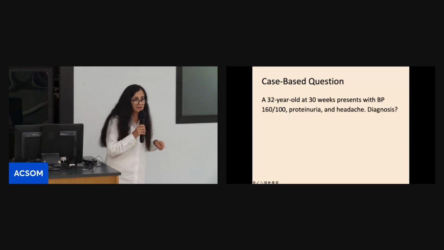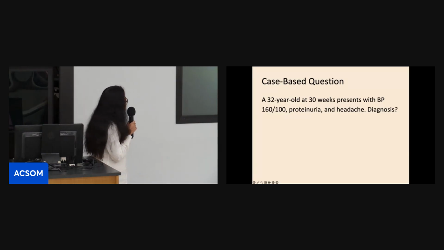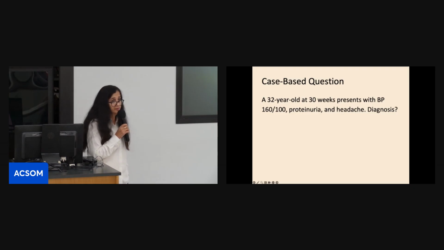I would give her magnesium sulfate. And what else? Monitor blood pressure regularly to see how it's developing, and try to control it. We could use labetalol or hydralazine, or methyldopa, whatever works or is in the hospital protocol, and see how the situation is evolving.